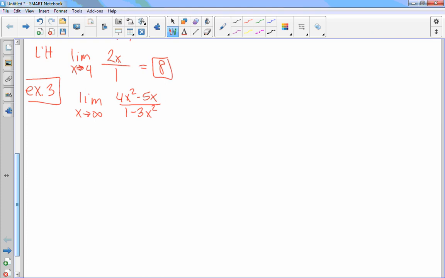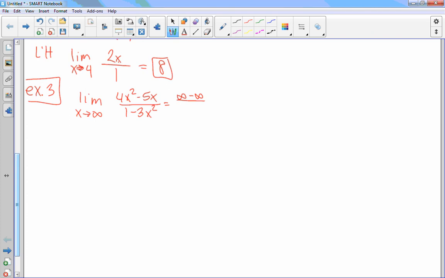Okay, so when we plug in infinity at the beginning, what is 4 times infinity squared minus 5 times infinity? So infinity minus an infinity. And in the denominator, which infinity is larger, the positive infinity or the negative infinity?